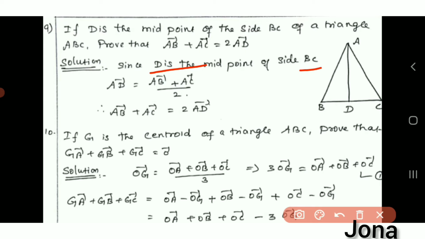We can write AD as AB plus AC by 2 because D is the midpoint. So AD vector equals AB vector plus AC vector by 2. If you cross multiply this, we have 2AD equals AB vector plus AC vector.